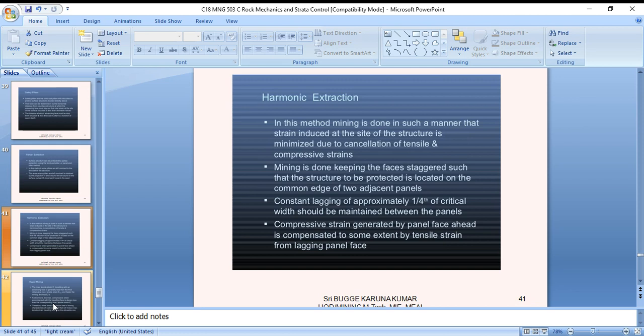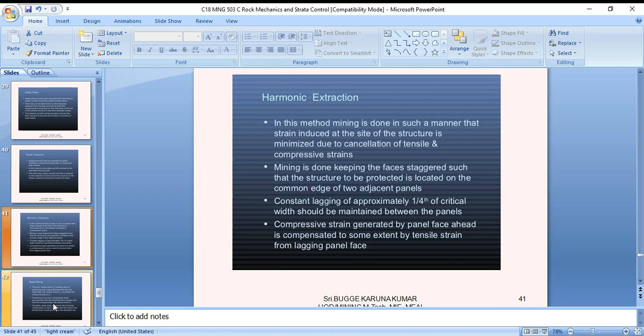And harmonic extraction. This is also one important compensation of the stress and strain by our methodology, so that the overall surface will be uniformly subsided. That is one very important aspect.